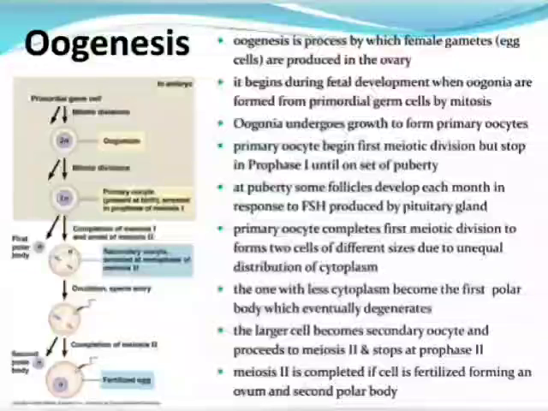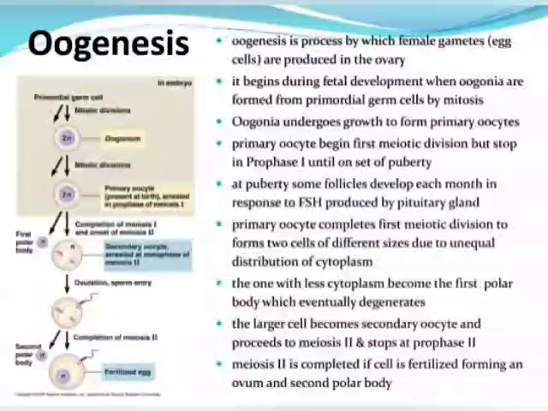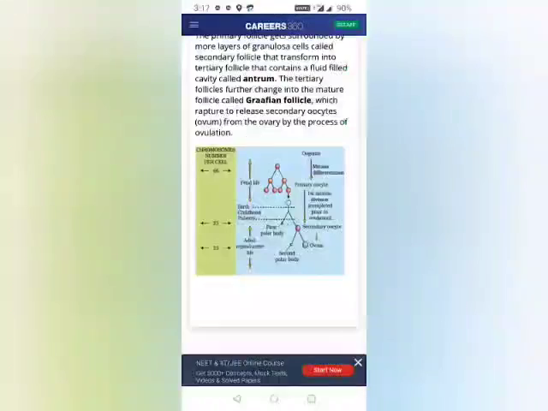These primary oocytes will undergo the first meiotic division, but stop until the onset of puberty. At puberty, some follicles develop each month in response to the hormone FSH, and as a result these will convert into the secondary oocyte, and the secondary oocyte will ultimately convert into the ovum.